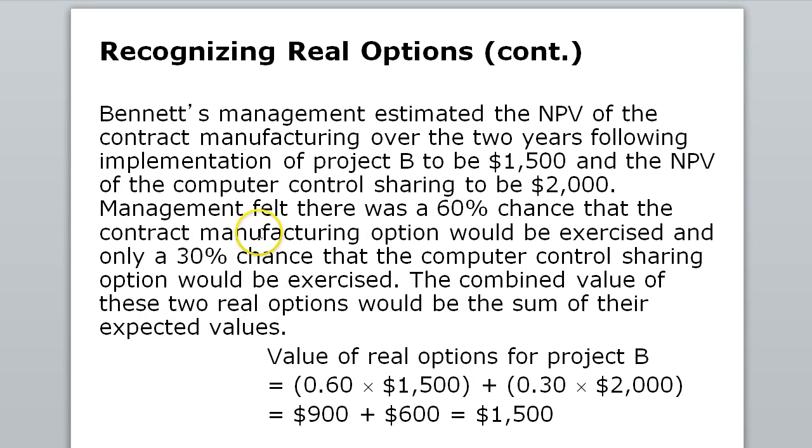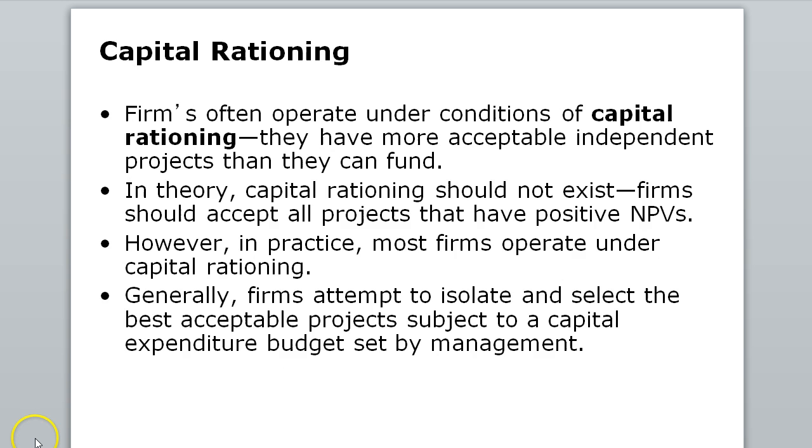Management feels that there's a 60% chance that the contract manufacturing option would be exercised and a 30% chance the computer control system option will be exercised. So the combined value of these two real options we could lay out in this formula: 60% times 1,500 plus 30% of 2,000 would give us a real option value of 1,500.